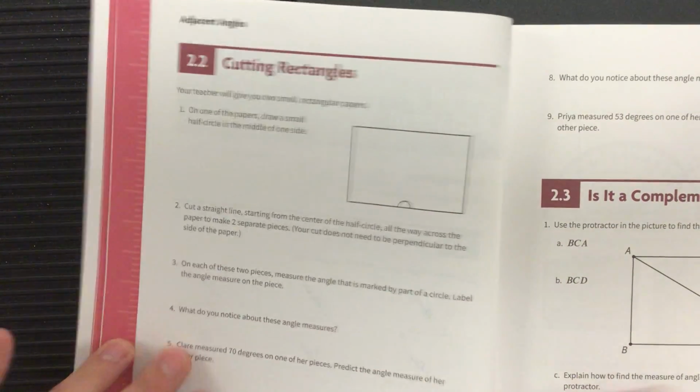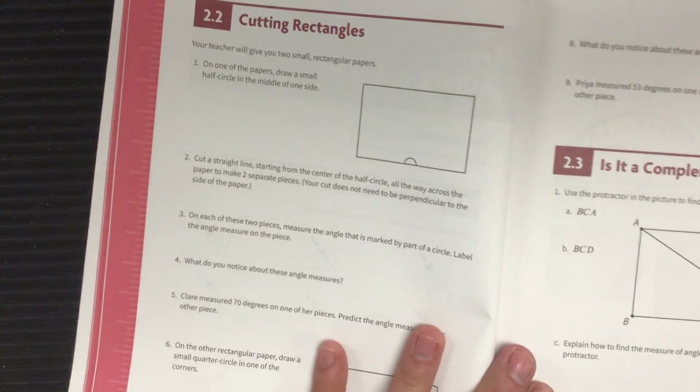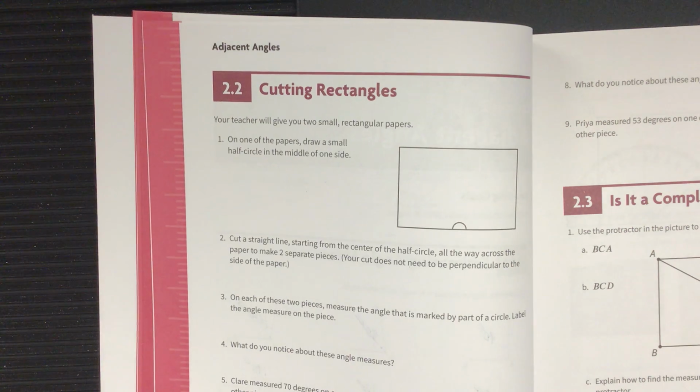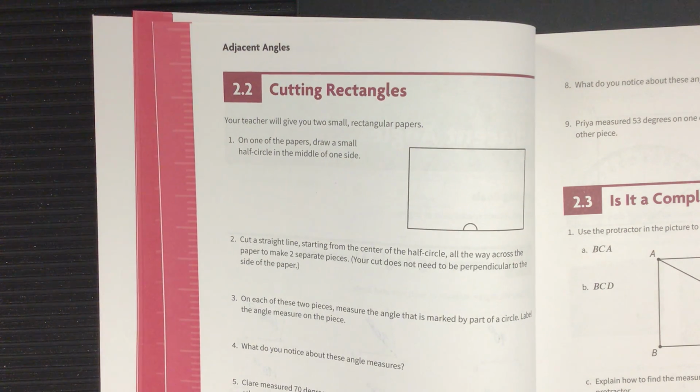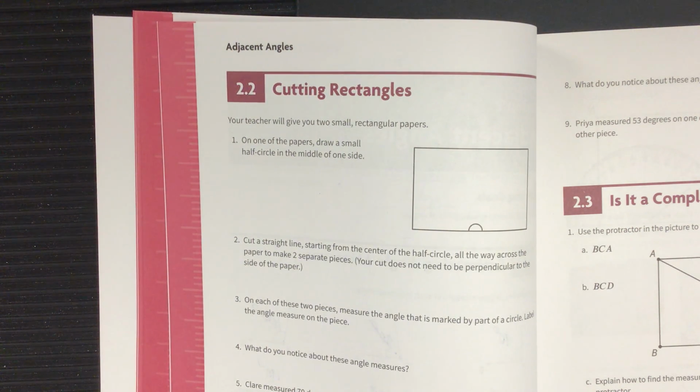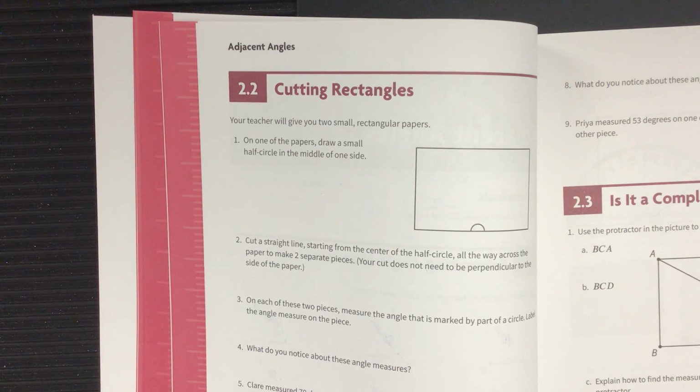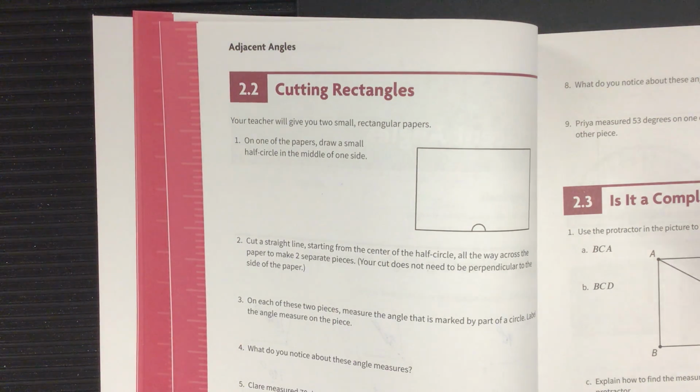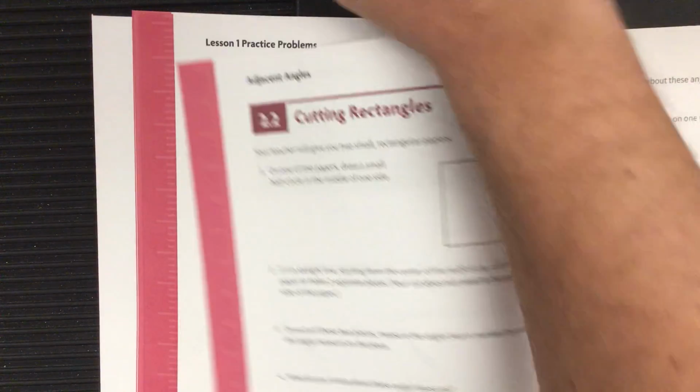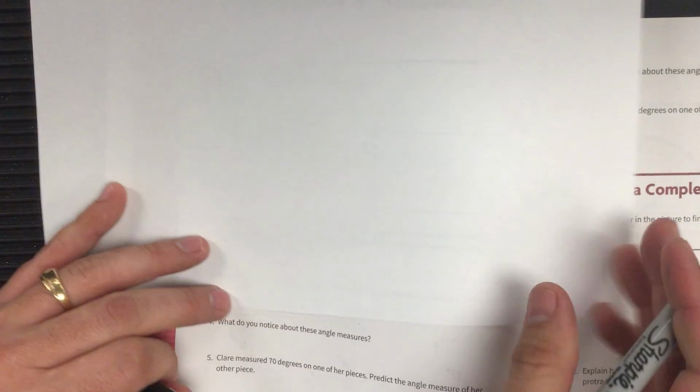All right, next one we're going to do together. Abby, would you read the directions, please? On one of the figures, draw a small half circle in the middle of one side. Okay, I'll do that.